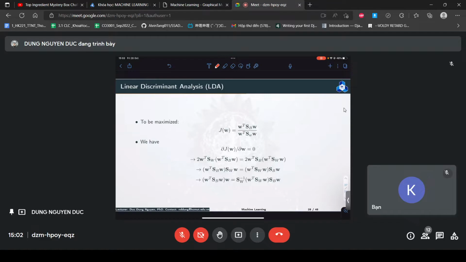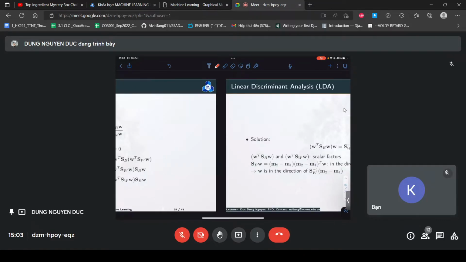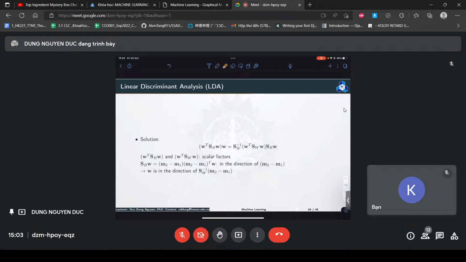So here is the detail. You may be interested in twisting around with the formula, stripping it from left to right and doing some magic by discarding W and some other terms. So in the end, what you have is this one.